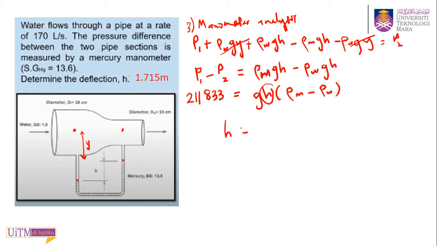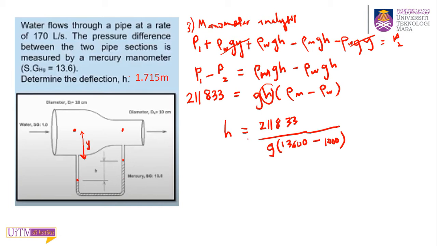So H equal to 211,833 divided by G, times rho mercury, which is 13,600, minus rho water, 1,000.